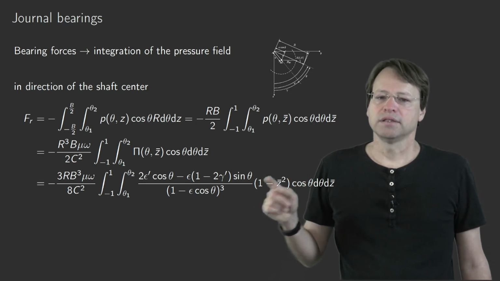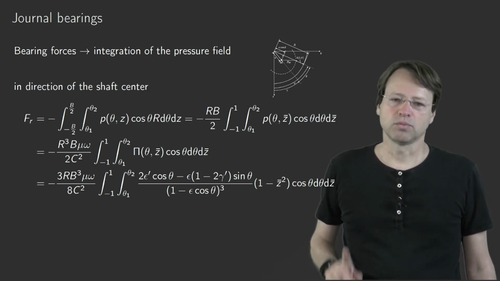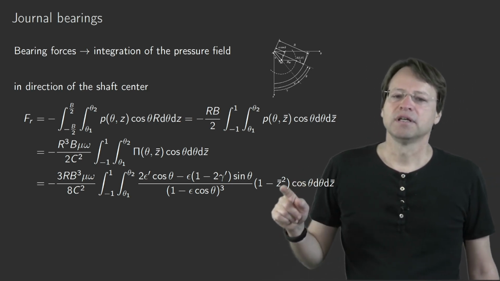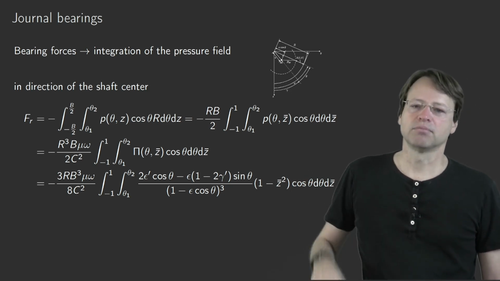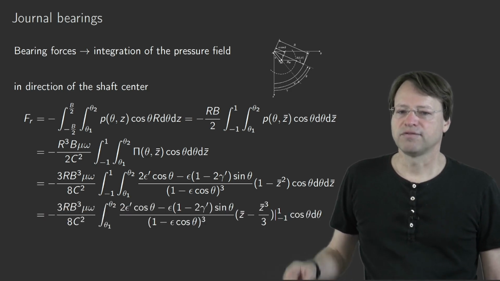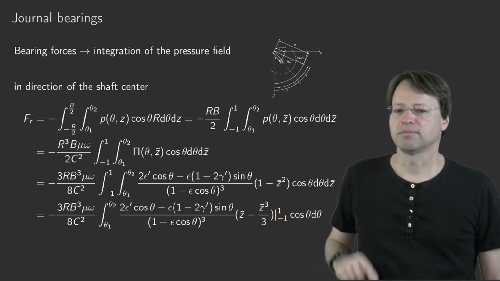Well, this is the thing we have to integrate. There's one integration that we can carry out very easily, namely that integration here with respect to z bar. It's a simple polynomial. If we do the integration, you arrive at z minus z to the third power divided by 3.